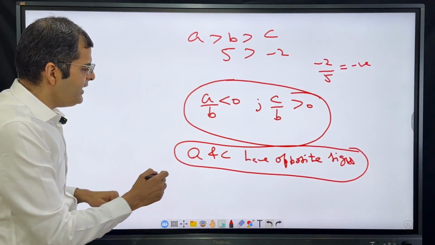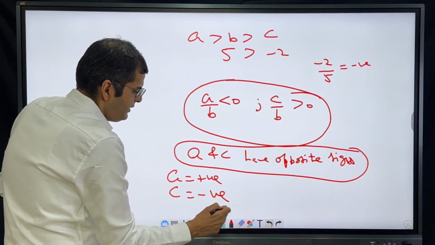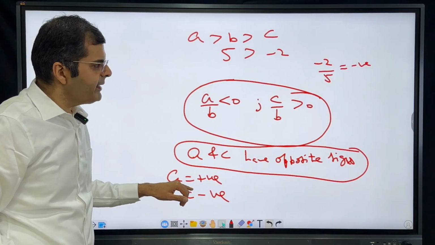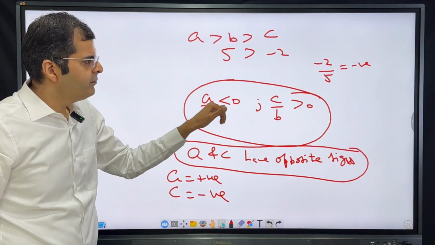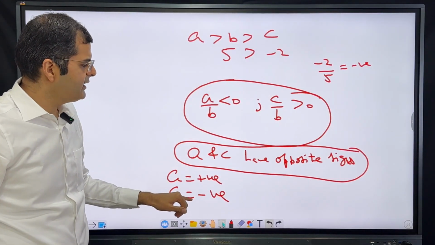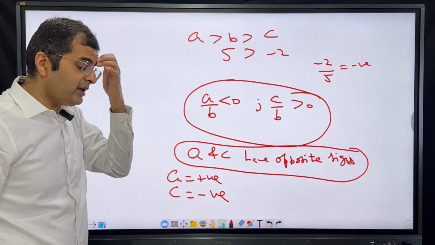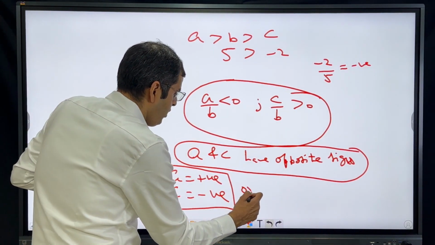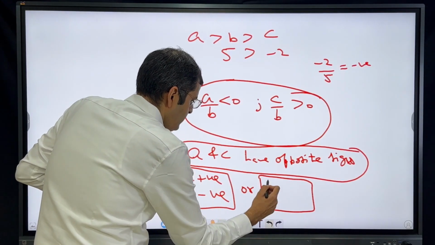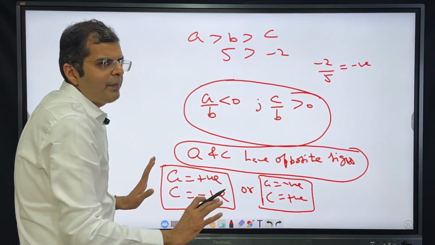If I say A is positive and C is negative, and let's say B is positive, in that case this will not hold, because C by B will become negative and A by B will become positive. But definitely A positive and C negative, or A negative and C positive, has to happen.